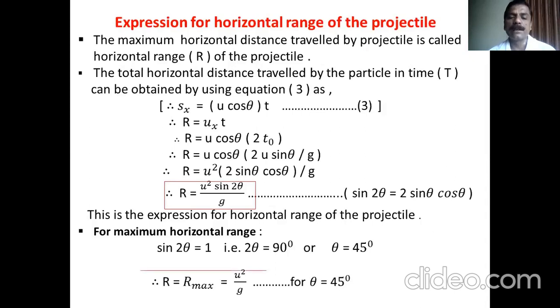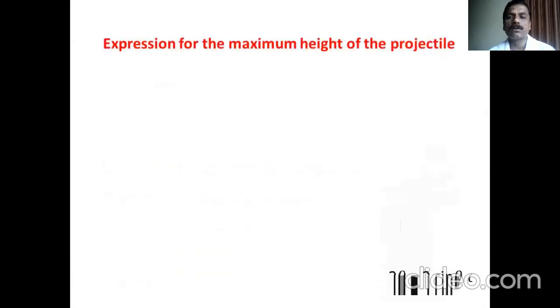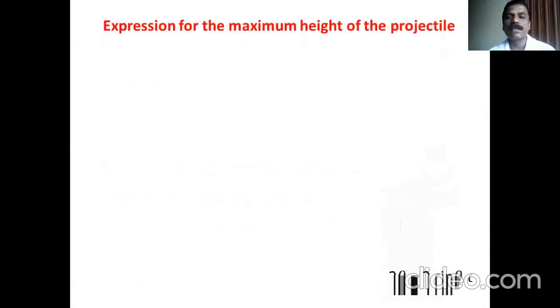And the second important equation, for the maximum horizontal range, is R max is equal to u square divided by g. Now we are going to explain the expression for the maximum height.